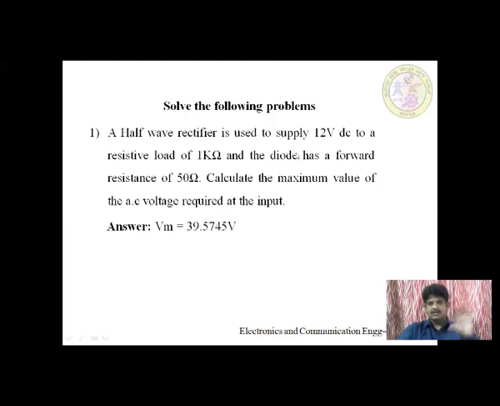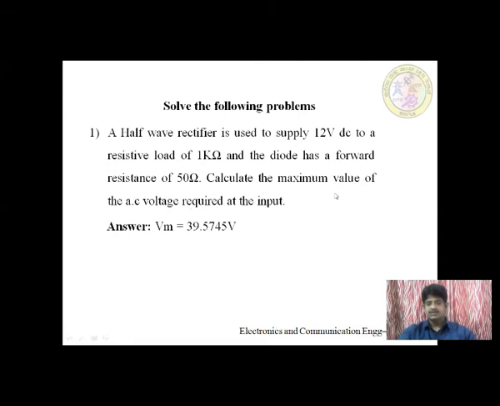It has to supply 12 volt, meaning the output of the half-wave rectifier has to be 12 volt, the load is 1 kilo ohm, and the diode forward resistance, meaning internal resistance, is 50 ohm. It's RF, it is RL, and it is VDC.